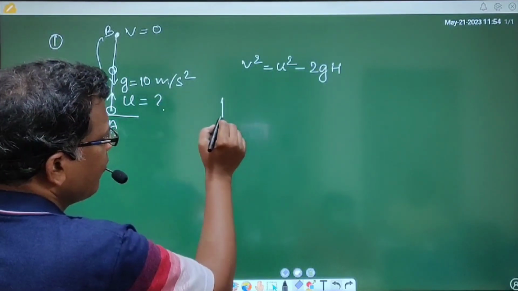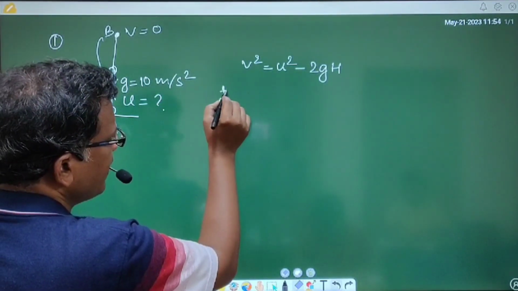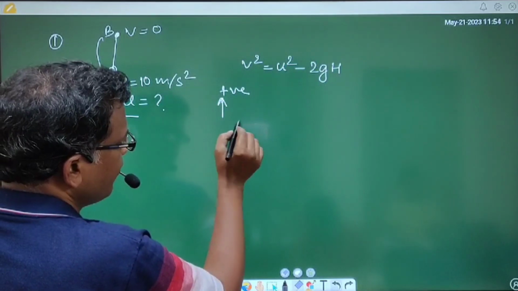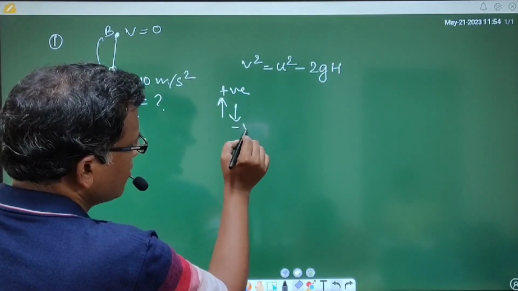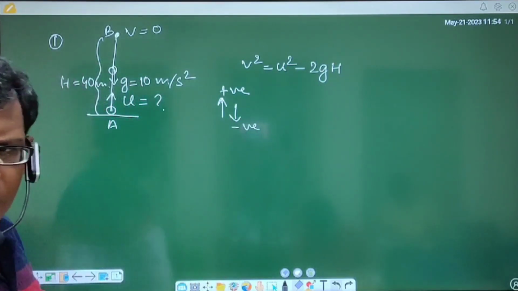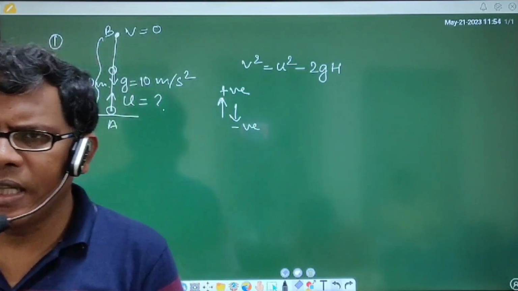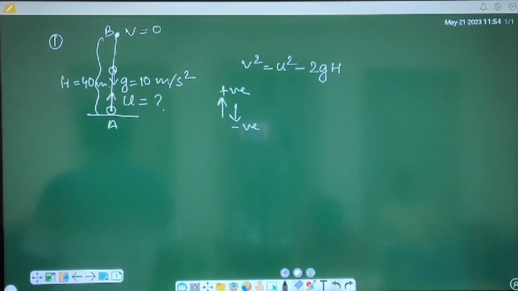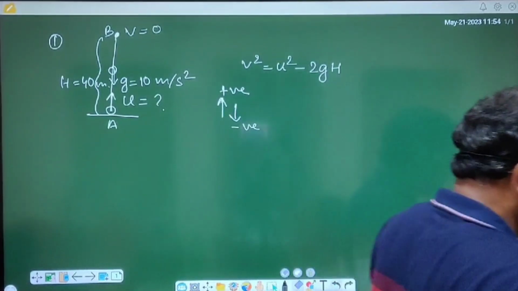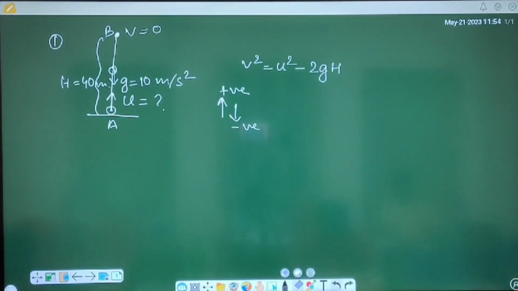So if I take upward as the positive reference, the opposite has to be taken as negative reference. The vectors which are upward in direction should be written positive, isn't it? And the one which is appearing downward should be taken negative. Yes or no?